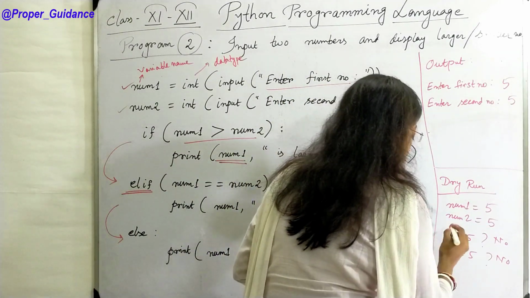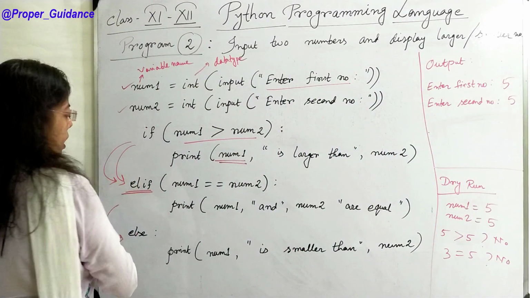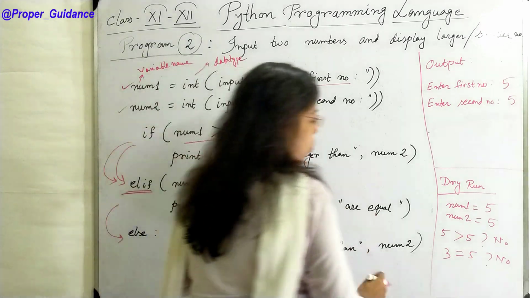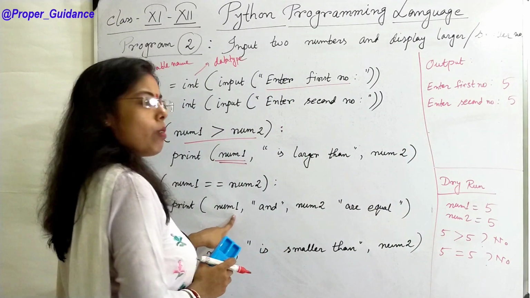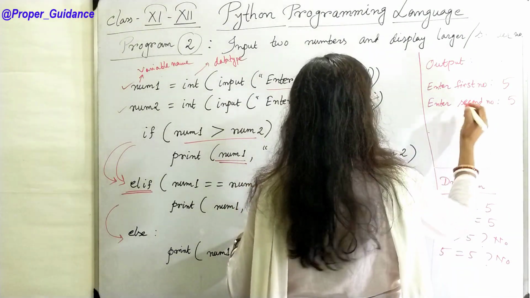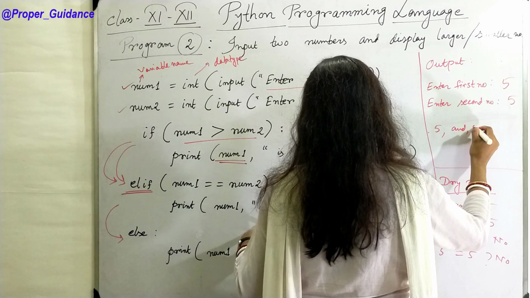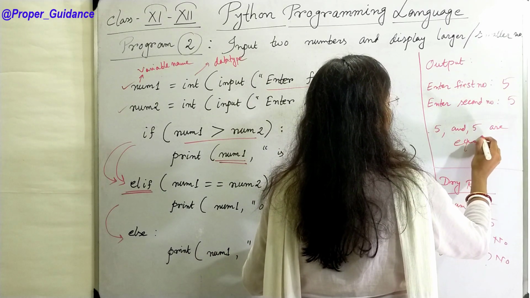Is 5 greater than 5? No. Then it will come again to the elif section, right? Elif section: num1, 5 equals 5. Yes, 5 equals 5, we know. So this will give you the output like this: 5 and 5 are equal.